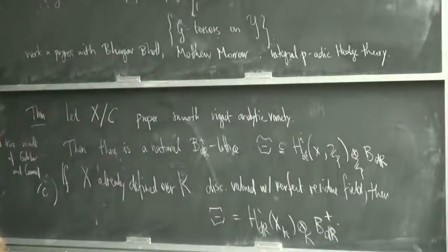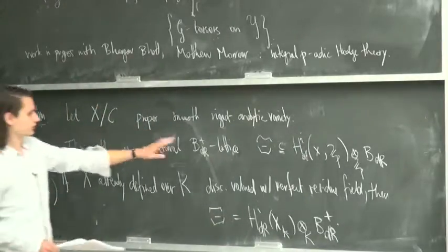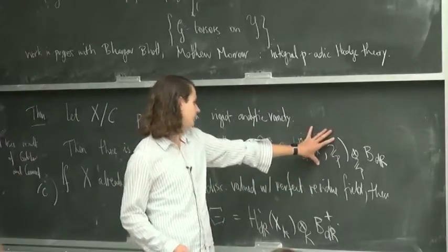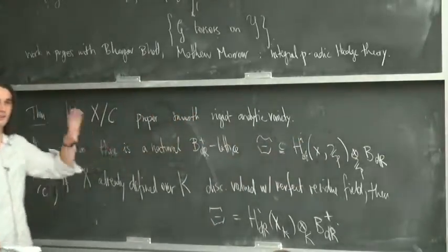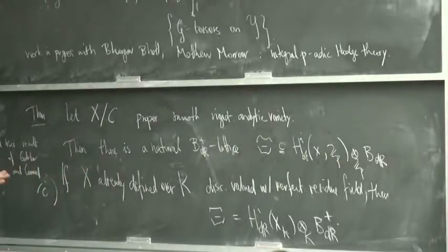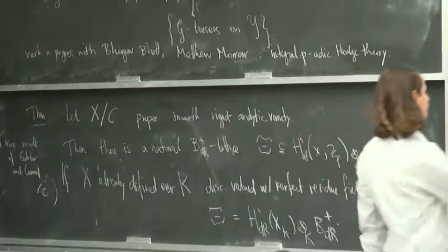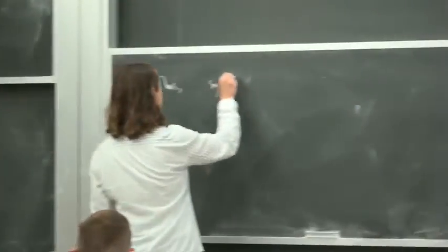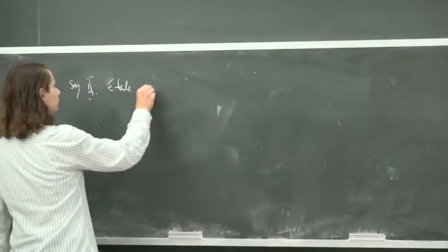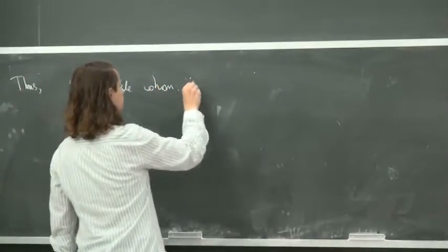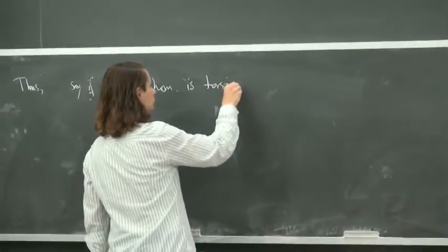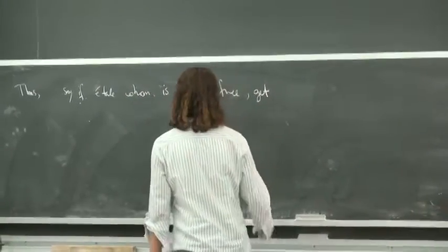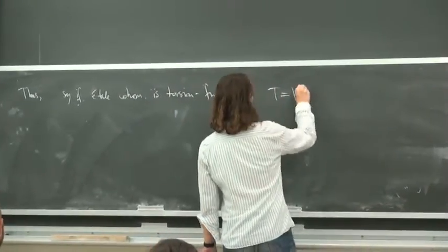Okay, so this means that if you are in this situation, and let's assume for the moment that the étale cohomology is torsion-free, then actually you get such a free Z_p-module with such a lattice. And hence, by this theorem, you get such a Breuil-Kisin module.